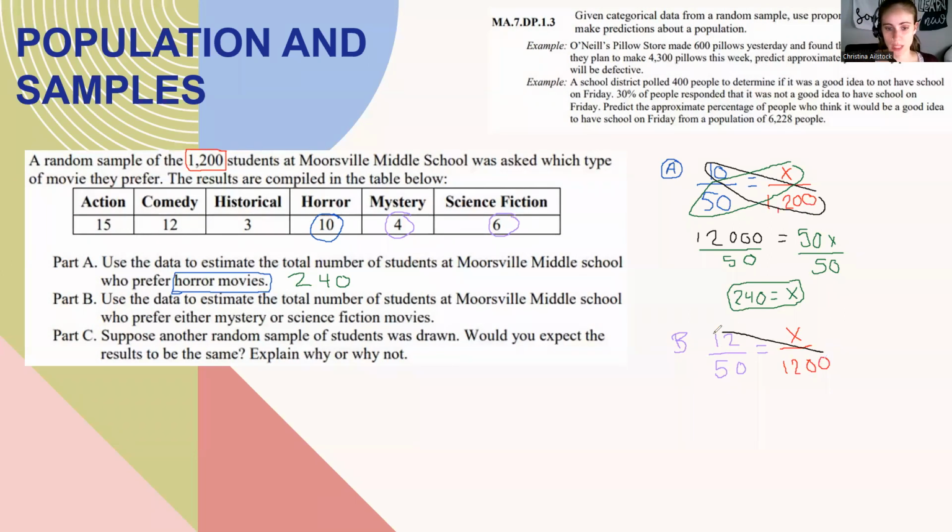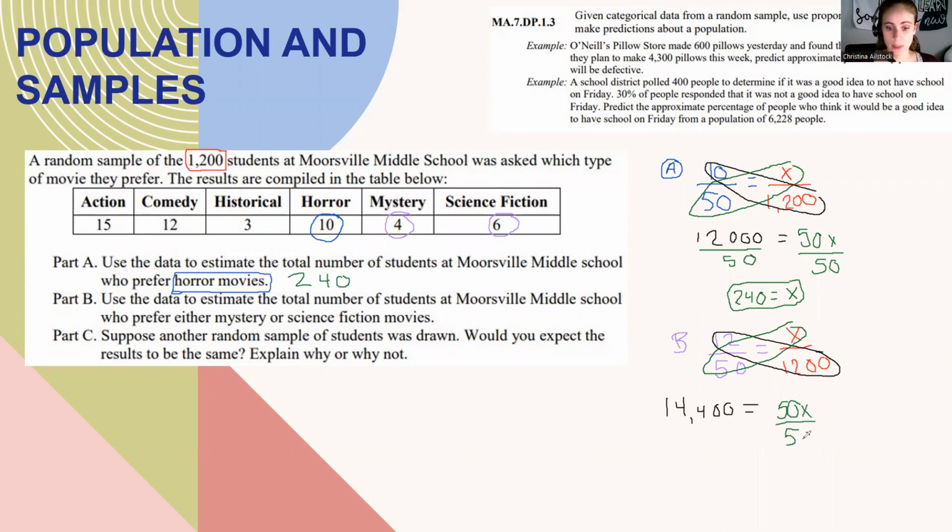So when we cross multiply, we are first going to multiply 12 times 1,200, which gives us 14,400. And that is set equal to 50 times x. We need to solve this equation for x.